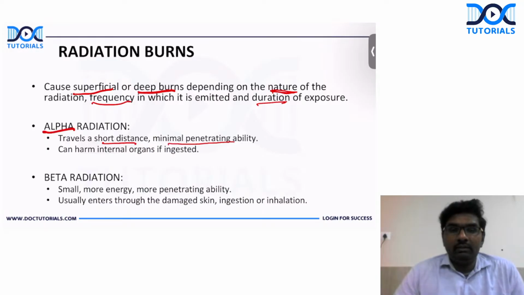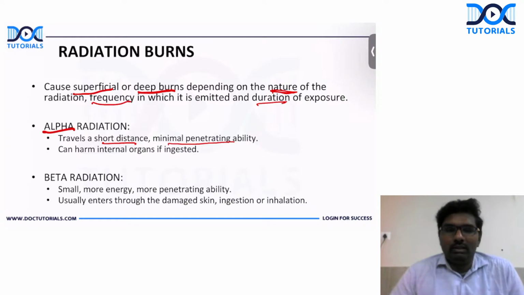So if the distance is high, the alpha radiations will have less effect, and penetration will also be less. So this causes superficial burns.